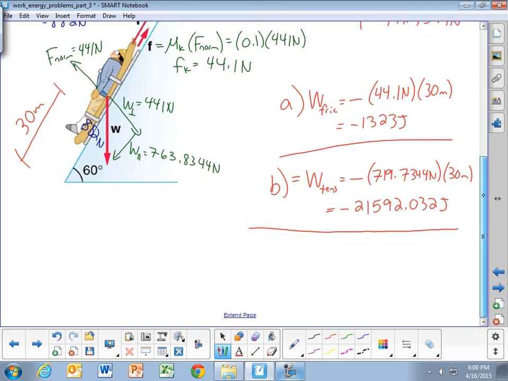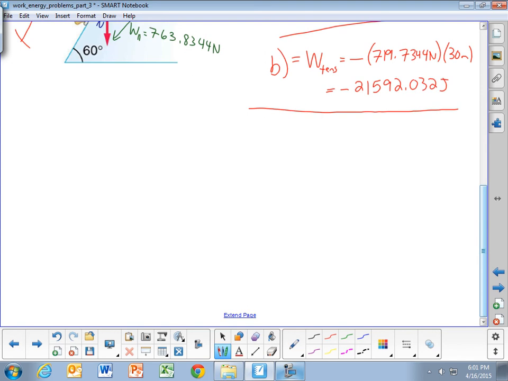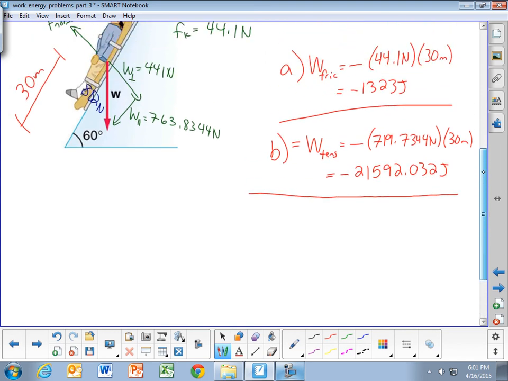Part C wants to know the work done by the force of gravity. Again, I could use the 30 meters and the 60 degrees to calculate what the vertical distance is, but since I've already calculated the component of the force of gravity parallel to the motion, I can use that to find the work done by gravity. So the work done by gravity is going to be positive because the parallel component of the force of gravity is down the slope, and it's moving down the slope.